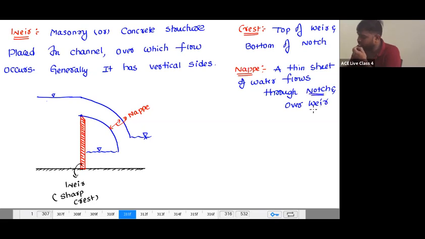If I say through a notch or over a weir, that is known as a nappe, and this is known as the crest point. Now let's take the head of water above this crest. This head of water is going to be H.